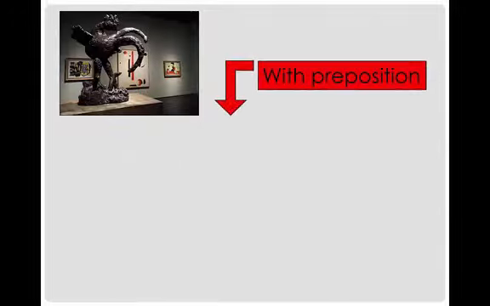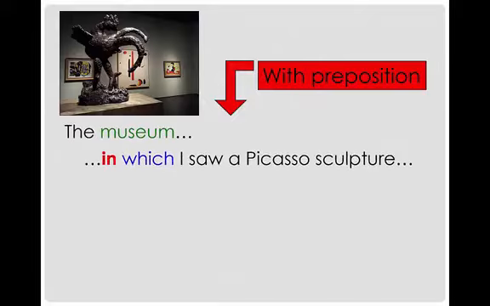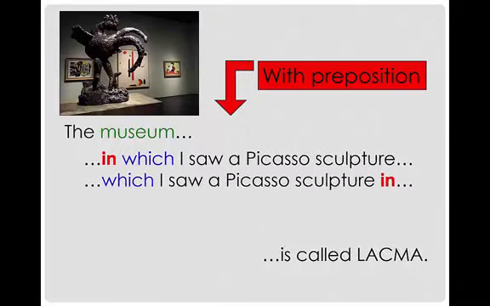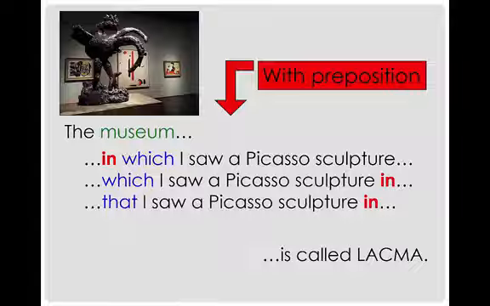Now let's use in order to express the original sentence in several different ways. The museum in which I saw a Picasso sculpture is called LACMA. The museum which I saw a Picasso sculpture in is called LACMA. The museum that I saw a Picasso sculpture in is called LACMA.